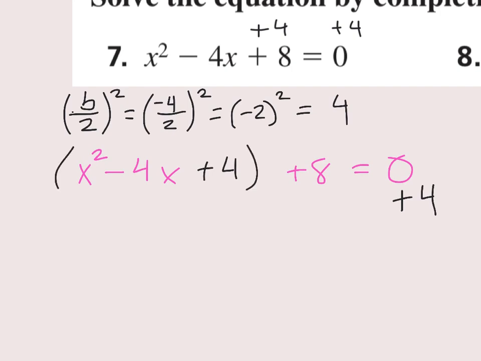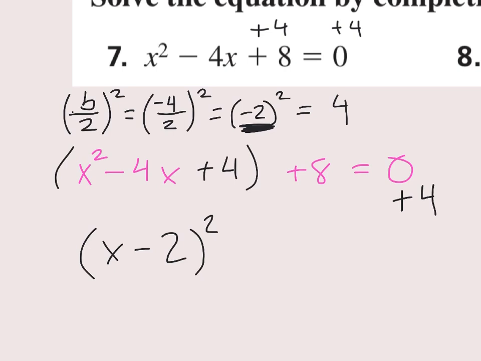Now with our trinomial here, it's a perfect square. So we can write it as our binomial squared. What goes inside of our parentheses? Negative 2. X minus 2. Perfect. So we get that minus 2 from our parentheses up there.